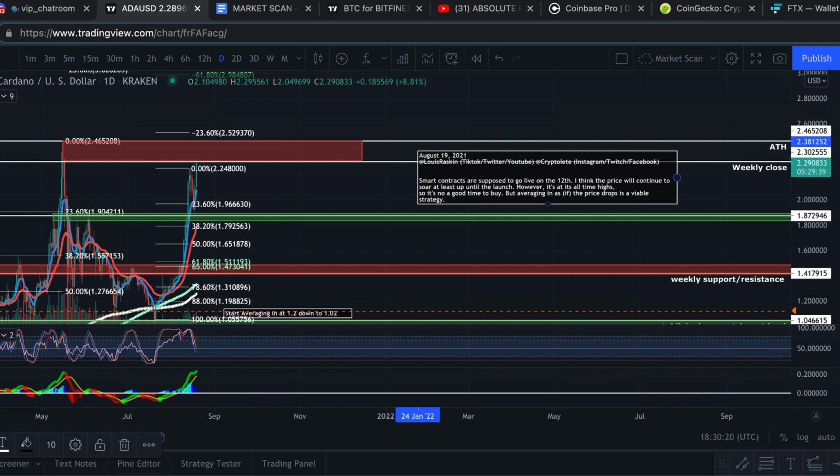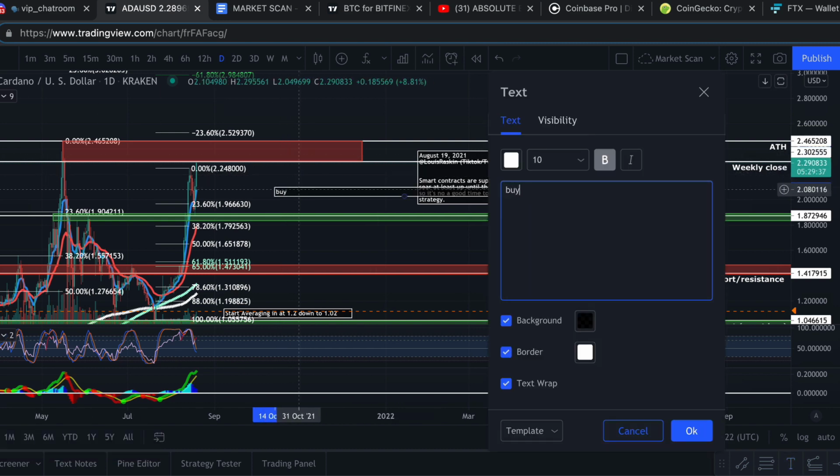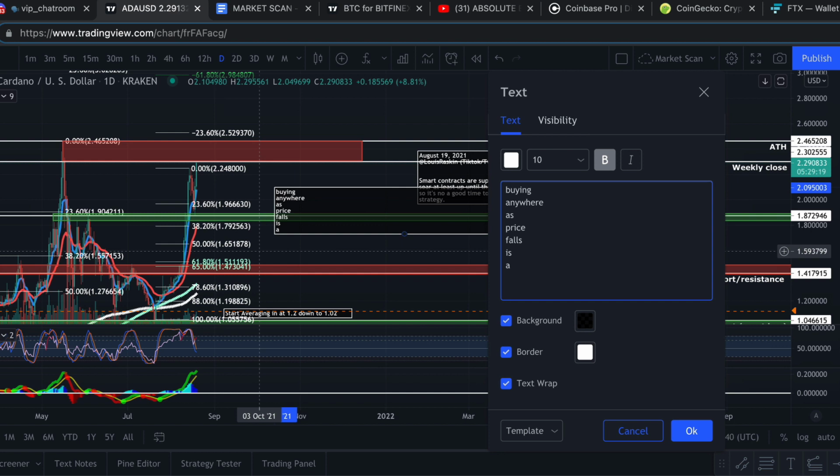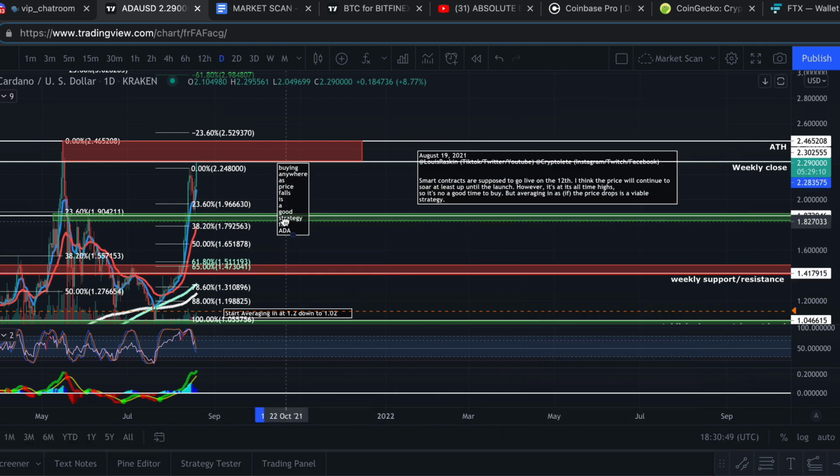So literally buying anywhere down here, as you simply continue to average in as the price falls, is a good strategy for ADA. This is what I'm going to publish.